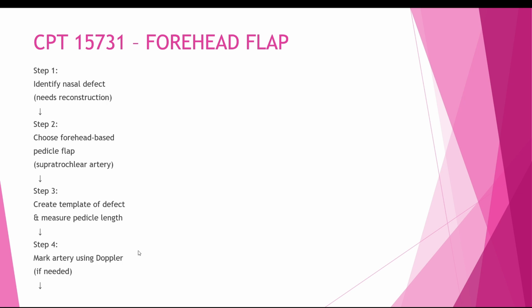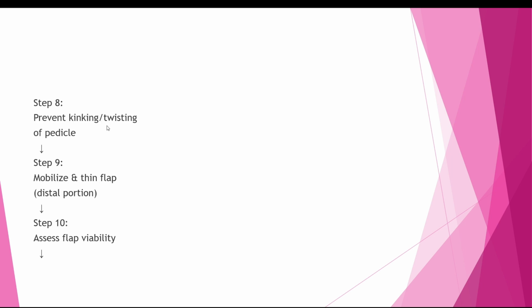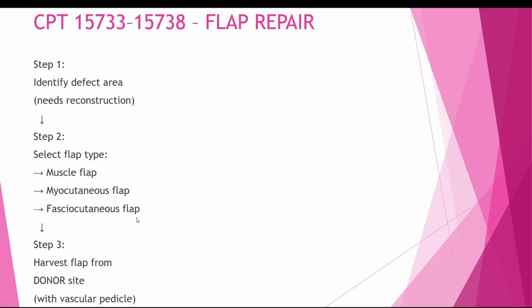They will mark an artery using the Doppler, administer anesthesia, incise the forehead skin and the subcutaneous tissue, and undermine the flap, preserve the blood supply, prevent twisting of the pedicle, and mobilize and thin the flap. They will check for viability, transfer the flap to the nose for nasal reconstruction, and secure it with sutures. Then they will close the donor site.